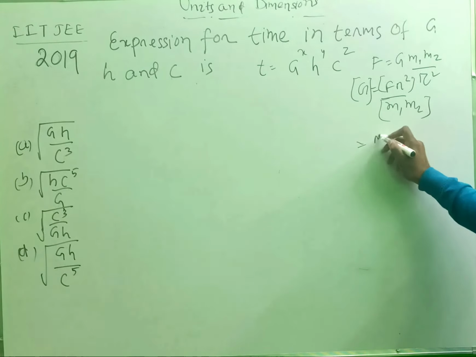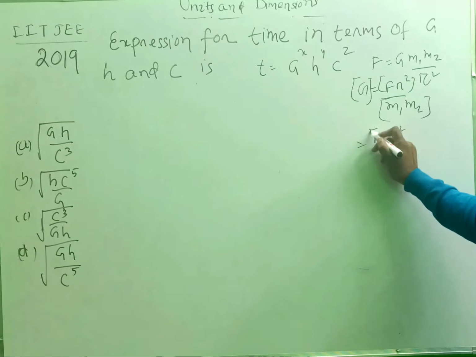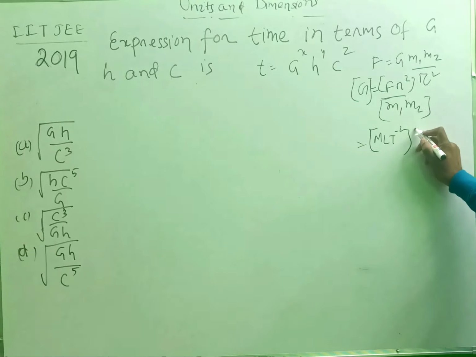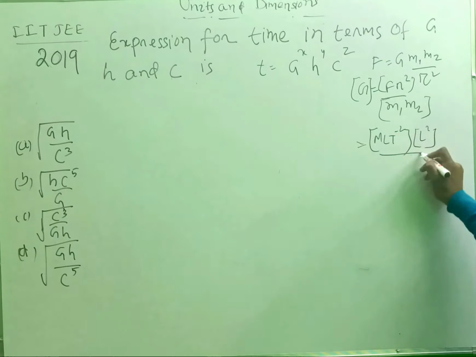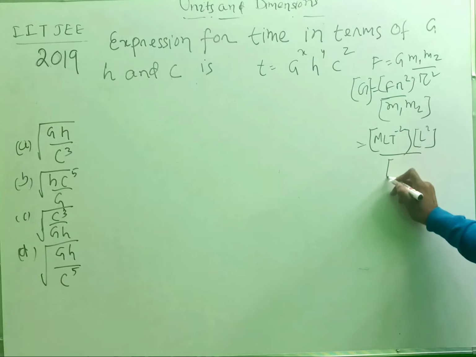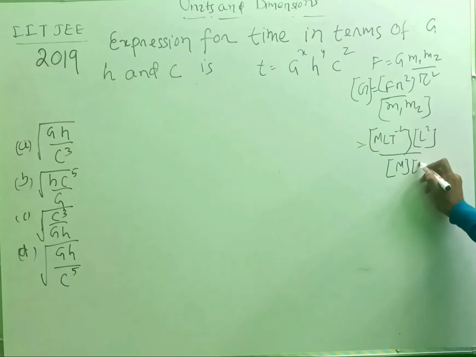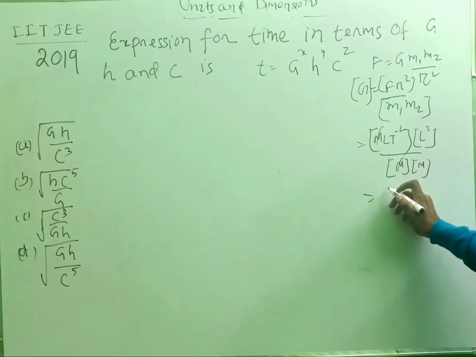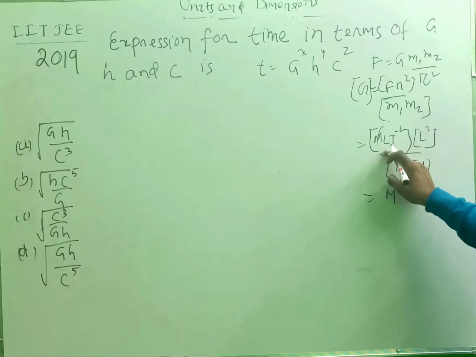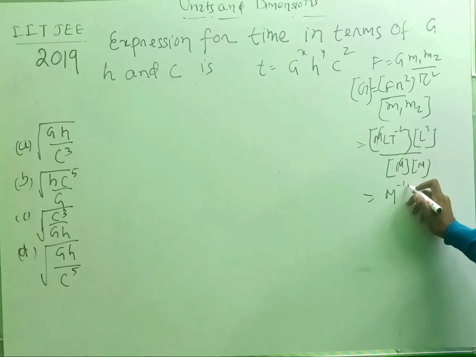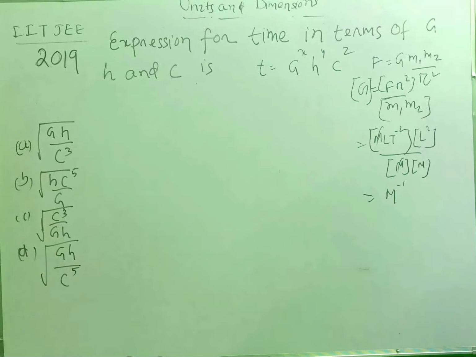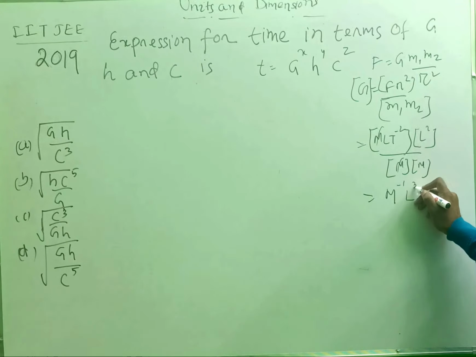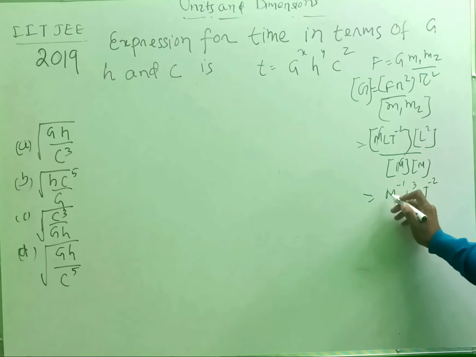Dimensions of force is M L T to the power minus 2, and r square will be L square, that of m1 m2 will be M and M. Then M cancels, this becomes M to the power minus 1. Here L and L square, that is L cube, and T to the power minus 2.